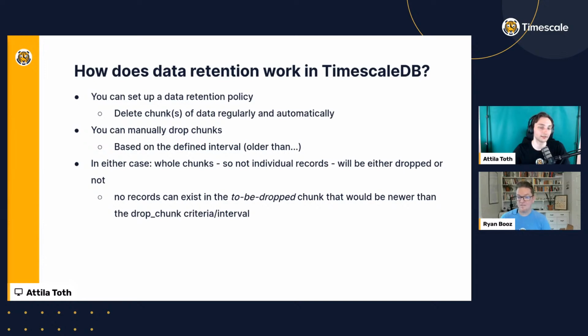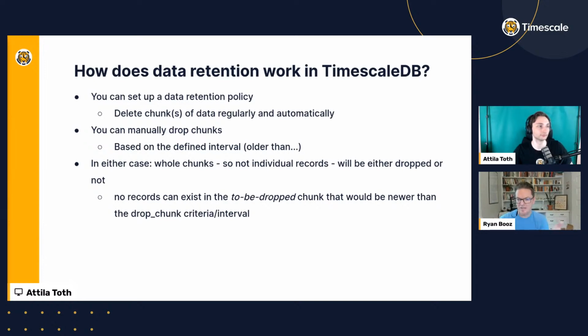But the reason is that that specific chunk had data that is newer than the interval, and it probably also had data that is older than the specified interval. And so TimescaleDB didn't drop that chunk because it had newer data.